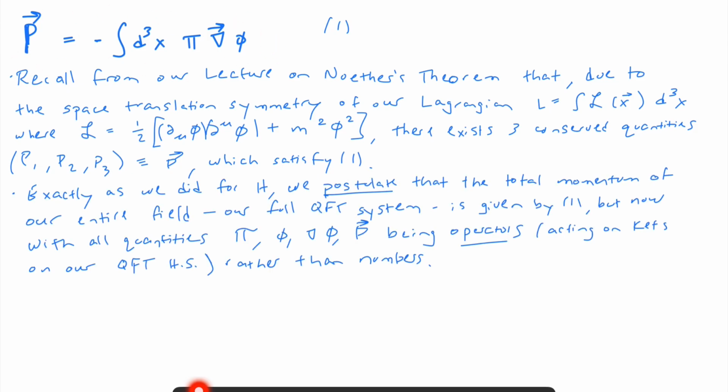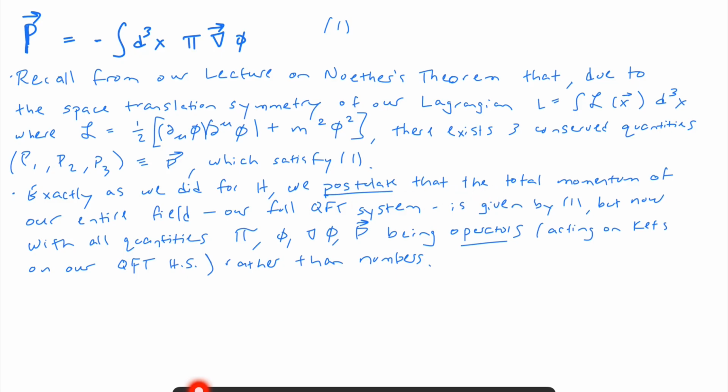Well, just like we did with the Hamiltonian, we recognize all these symbols, phi, the gradient of phi, and pi, and we can immediately quantize those using exactly our definitions for phi and pi. So that's how we quantize this formula. We did that for the Hamiltonian.